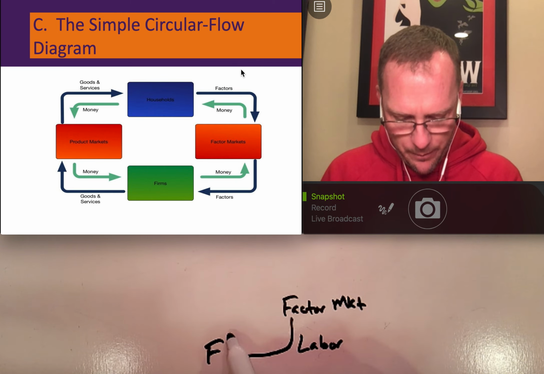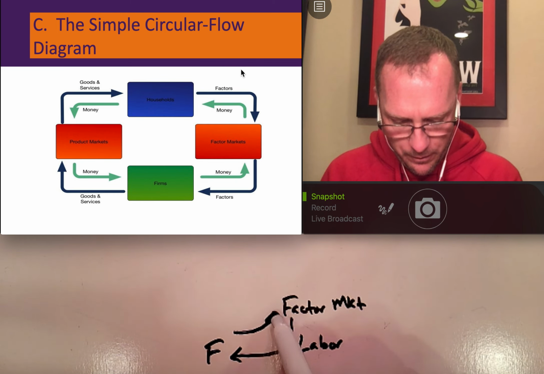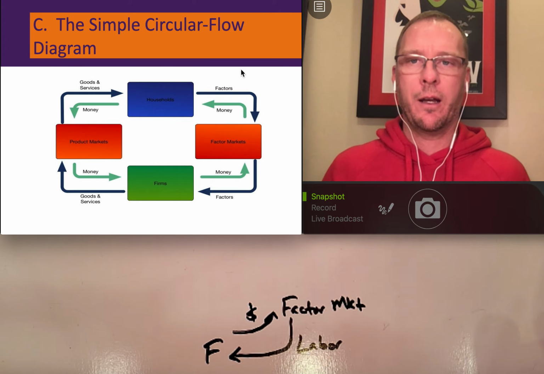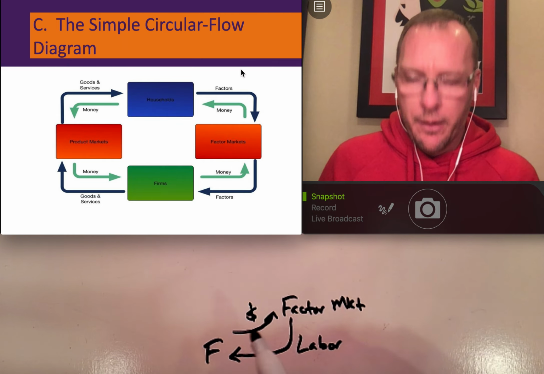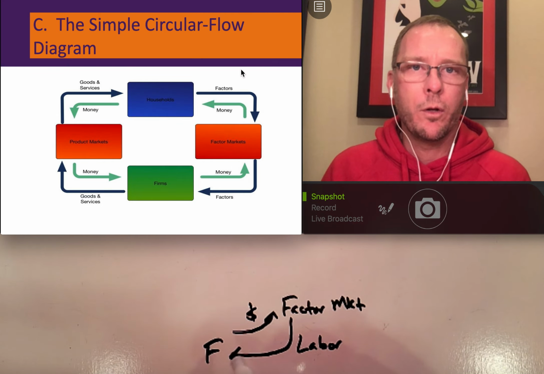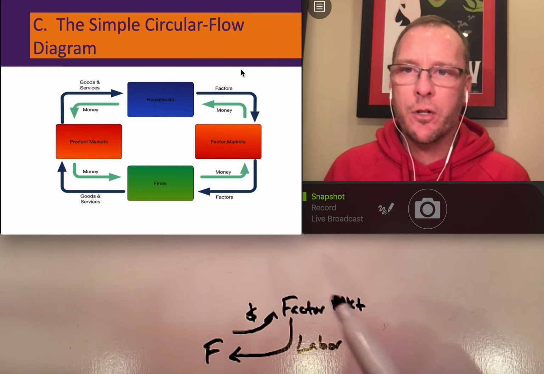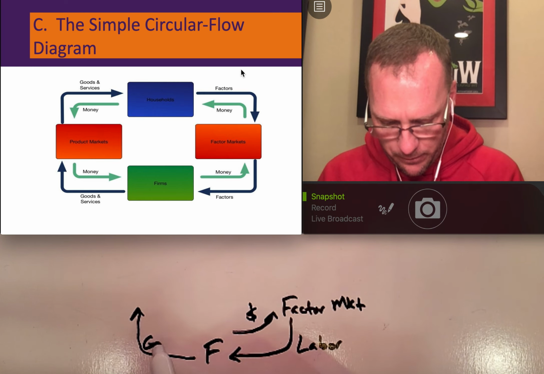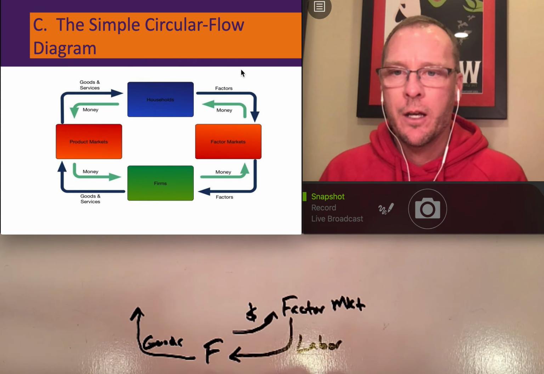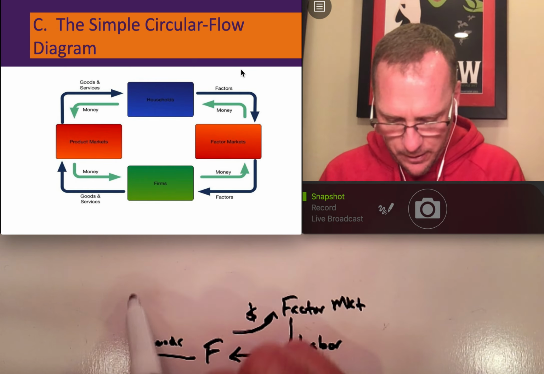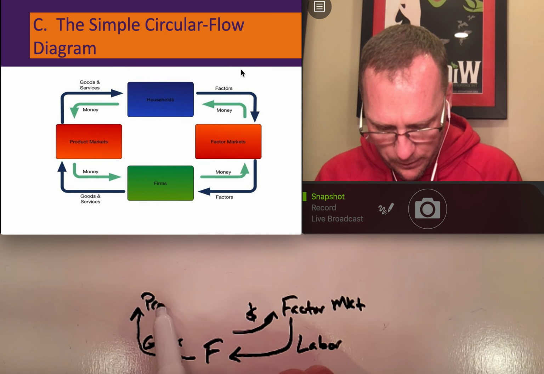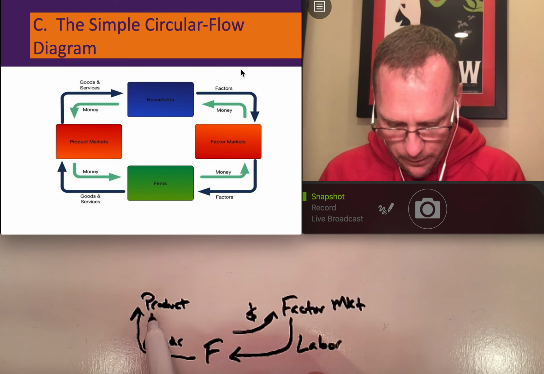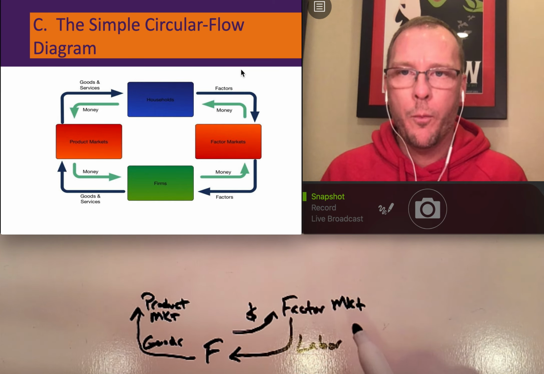And what I'm going to do is pay that factor money, right? So this is your wages, you're providing labor. And then the firm is going to take your labor and produce goods and services. Over here, you can see in this arrow, this is my goods and services. As they produce goods in this product market, that is where we as consumers are going to go buy stuff.